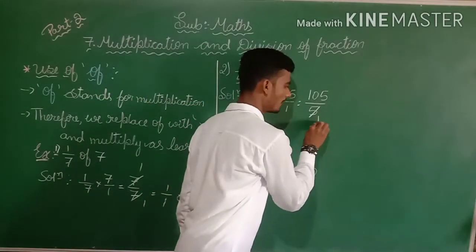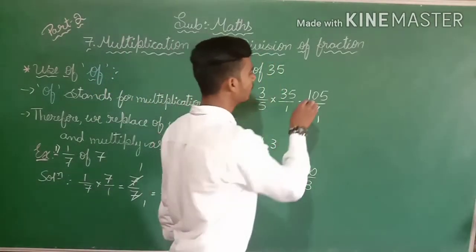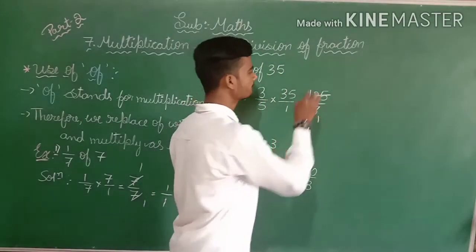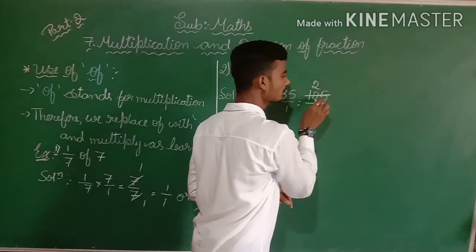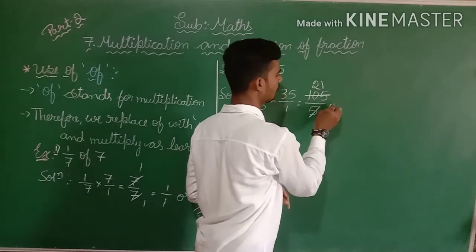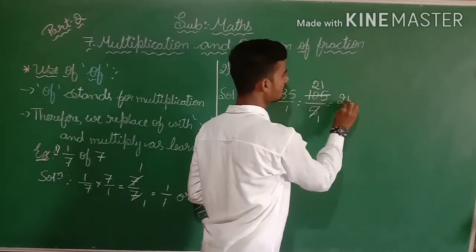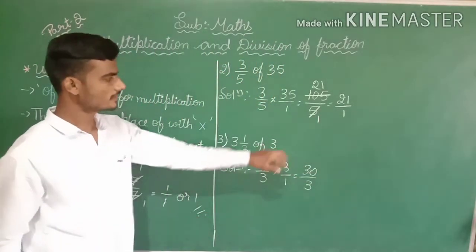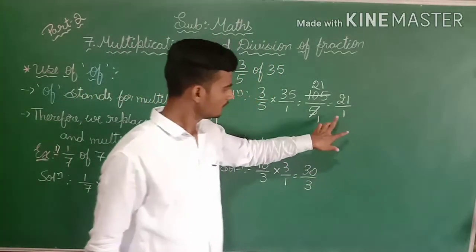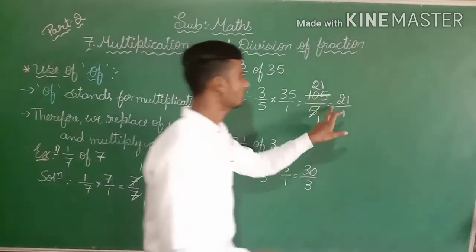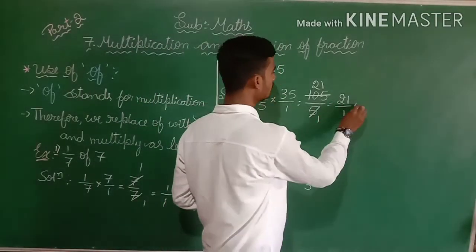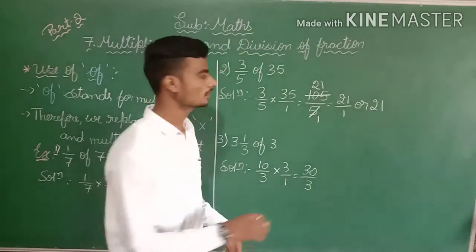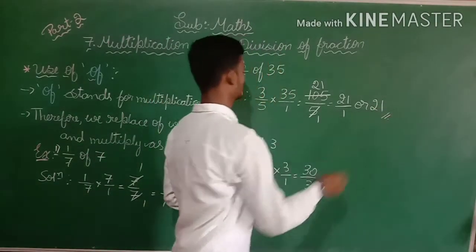See here, 5 ones are 5. 5 how many times is 105? See here, 5 twos are 10, then 5 ones are 5. You will get 21 by 1. This is the answer, 21 by 1, or you can write only 21 also. Both are right.